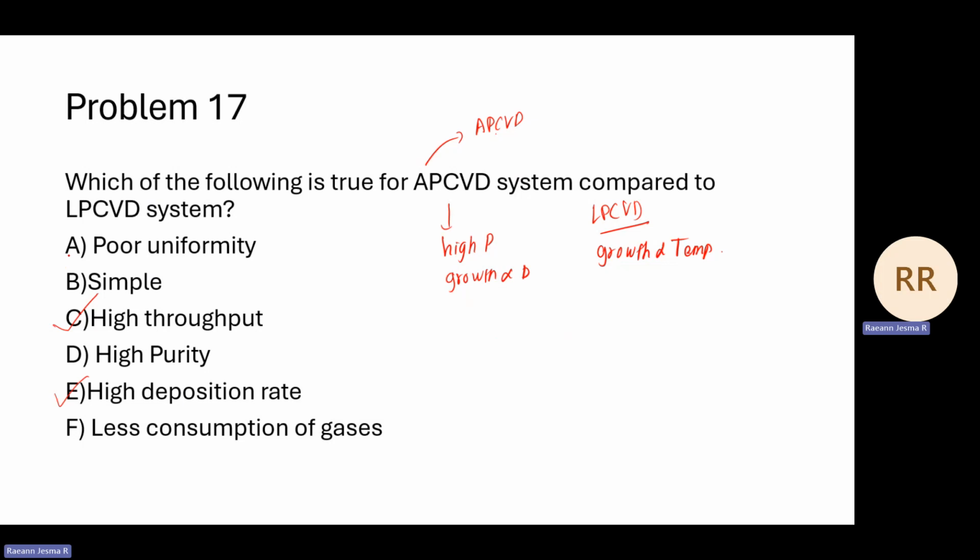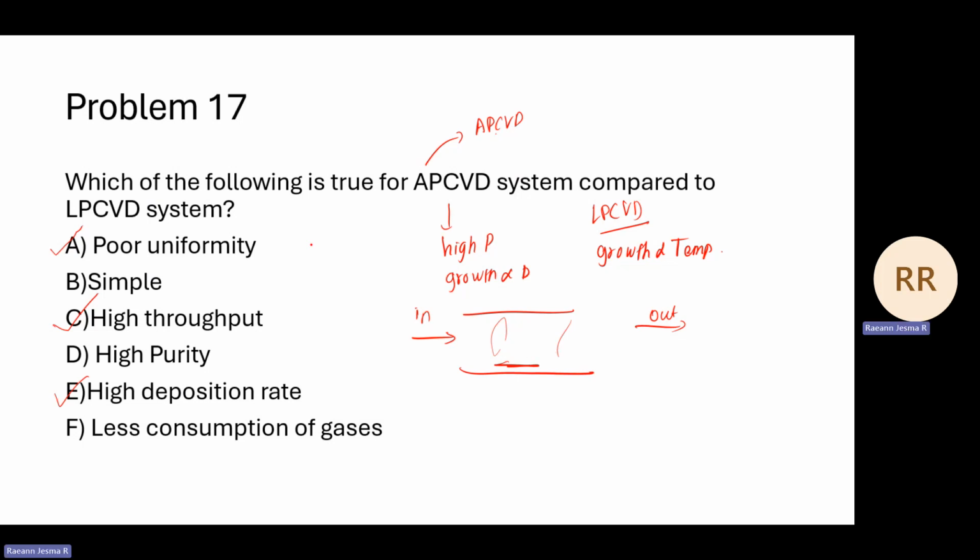There is also a chance for poor uniformity. Why? Because it is dependent on pressure variation in the chamber. Let's say you have your samples here, you are passing gases here, and removing them here. Here you will have more reactants, and here you will have fewer reactants.